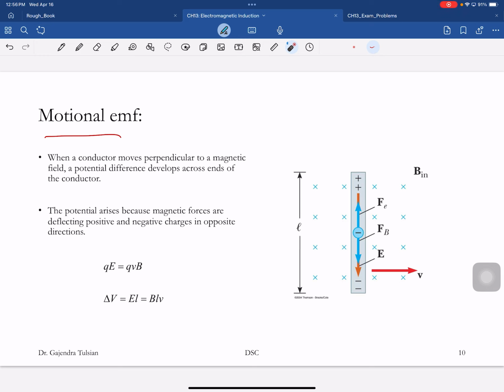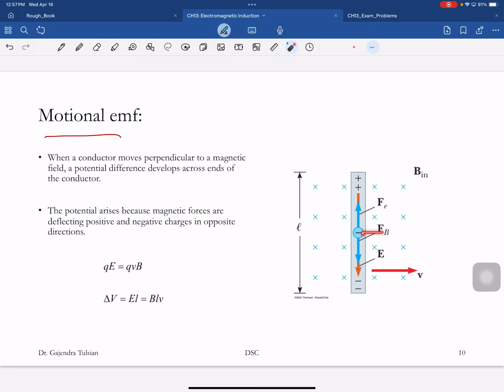Okay, so let's see what's going to happen. The magnetic field is into the plane of the paper. We'll take a metal, and this metal has a bunch of free electrons. We'll move in this direction. When a charge moves in the presence of a magnetic field, it feels a force.